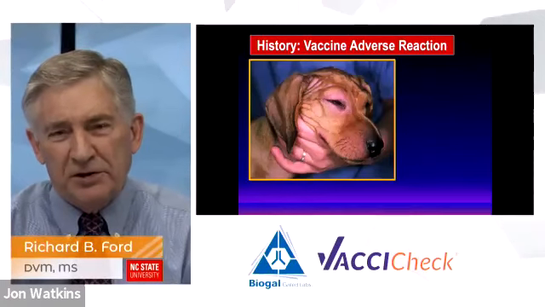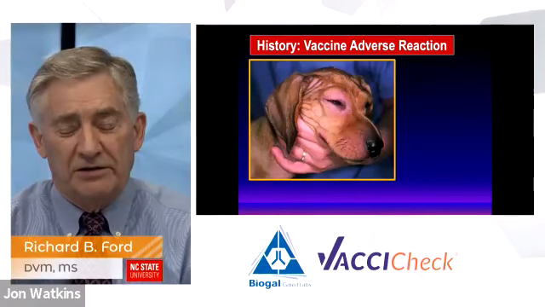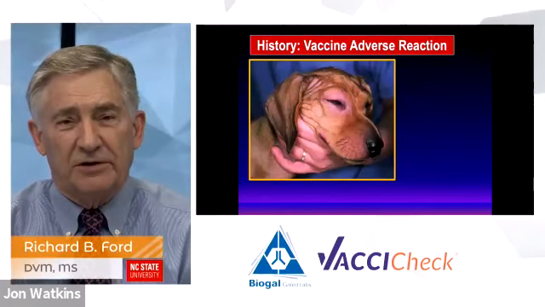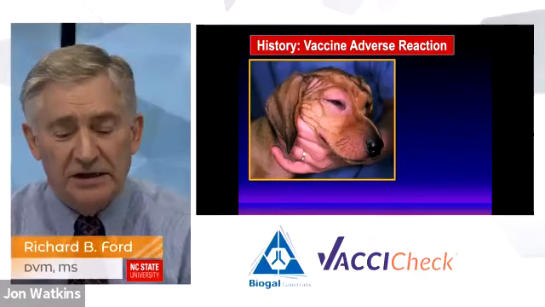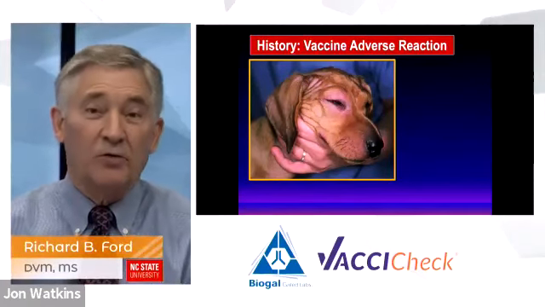And the question is, these dogs survive. So as they survive, they usually survive long enough to come back for another vaccination. Hence the issue, should I vaccinate this dog or not?